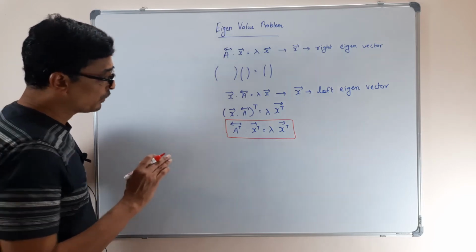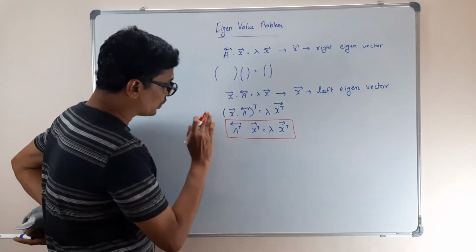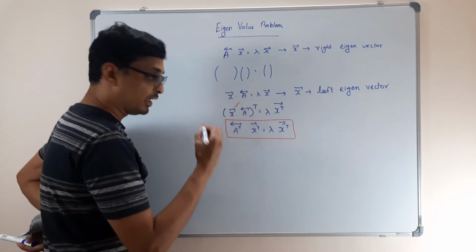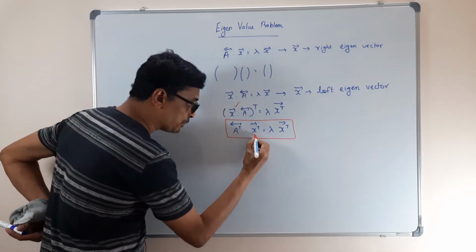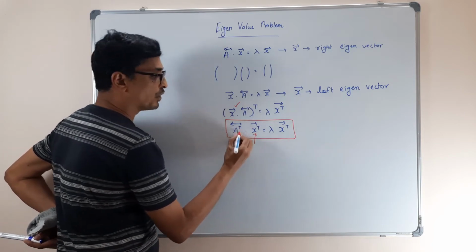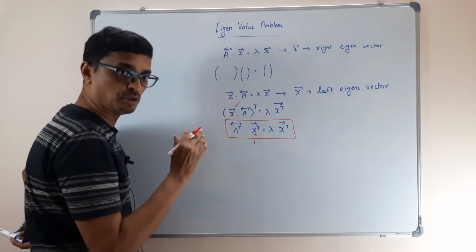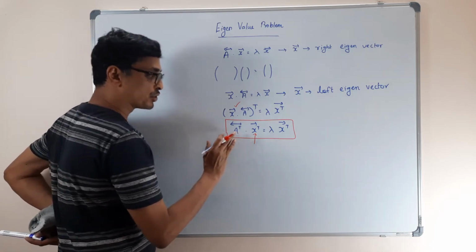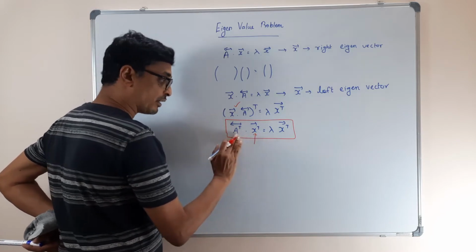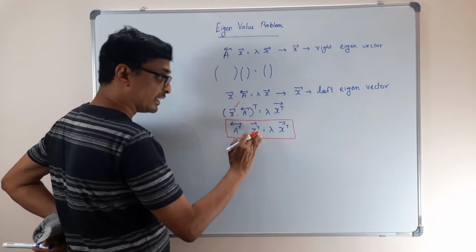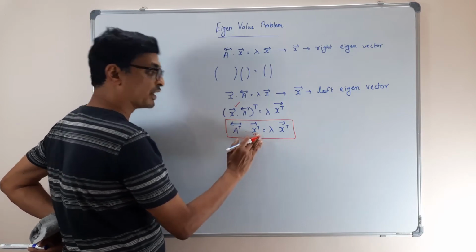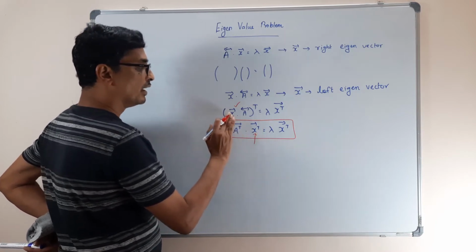So if you ask what my left eigenvector is, it is the transpose of the right eigenvector of the transpose of the matrix A. So you take the transpose of the matrix A, solve for the eigenvector of the transpose of the matrix, and the transpose of the eigenvector we got will be your left eigenvector.